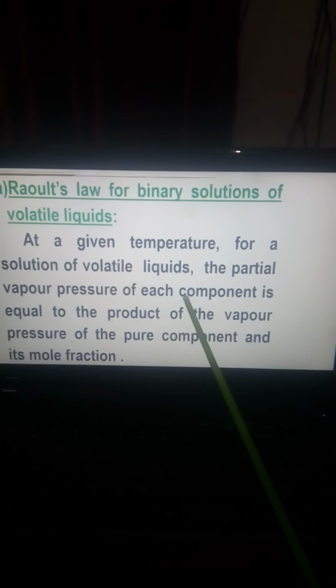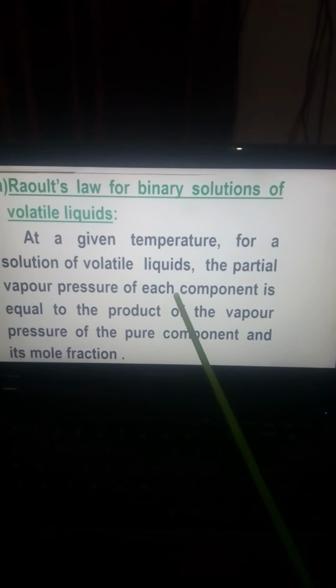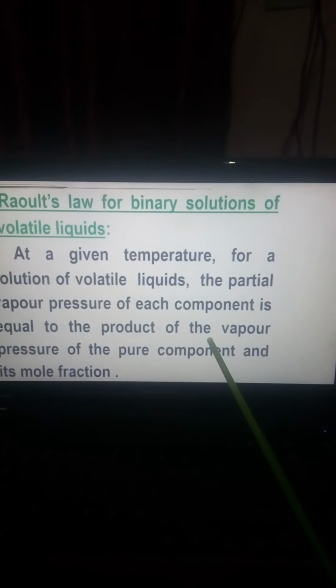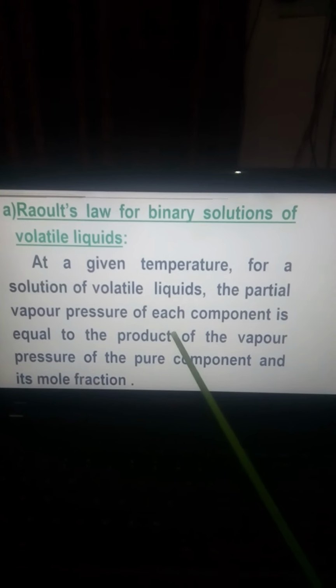That means the partial vapor pressure of each component is directly proportional to the mole fraction of each component in the solution. That is the statement of Raoult's law regarding the binary solution of volatile liquids.